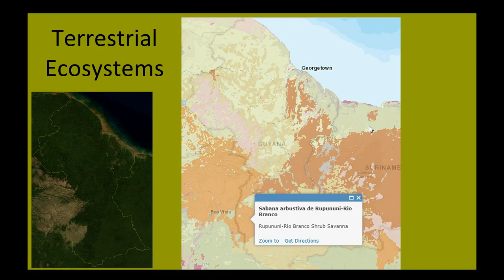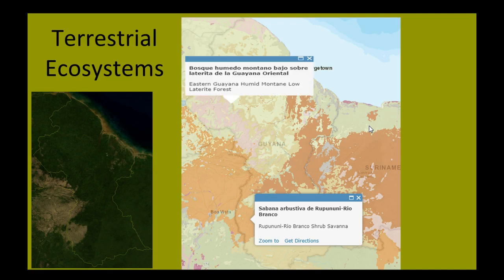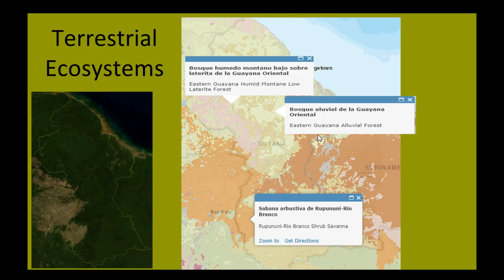Okay, so again, just to highlight some of the ecological areas that we're looking at here, and you see two contrasting forests. We're going to be focused more in the humid montane lowland laterite forests. These are your tropical rainforests, as opposed to these scrub savannas.